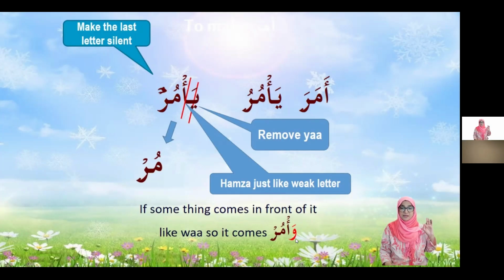But if I say wa and then mur, that is order. But if I say wa and order, then you will say wa'mur, because you cannot say wa mur, no, wa'mur, fa'mur.